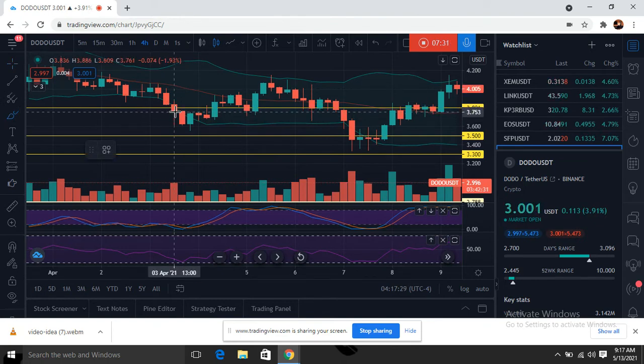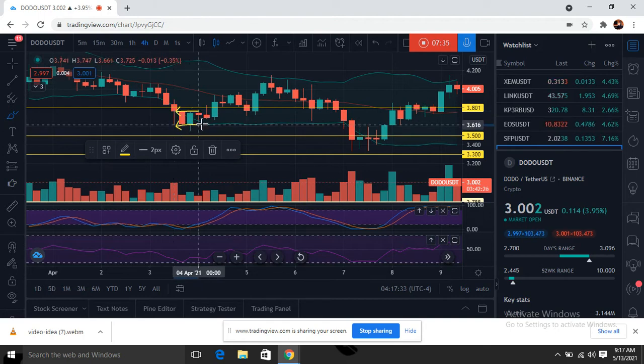This price rejection here, from here to this level, is called a wick. This wick means the price has rejected this particular area. The price of the coin rejected from going below this area. It's a rejection of price.